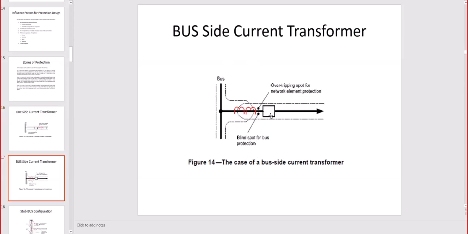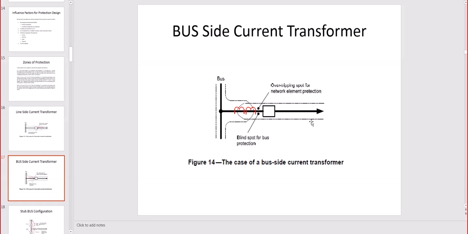If you move the transformers to the other side, both of them, then we have a reverse situation. We have a blind spot for the bus. The bus will not sense that current because it ends just before the breaker, but we have an over tripping spot for the network or load.